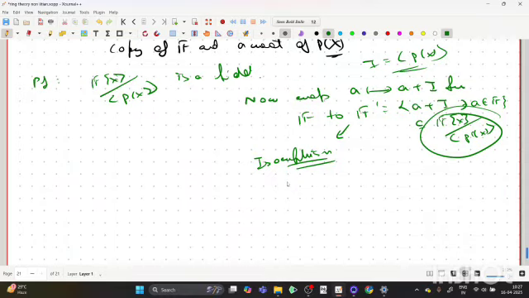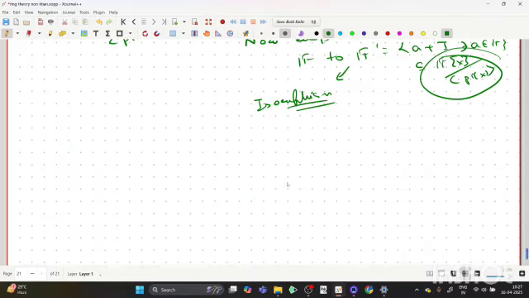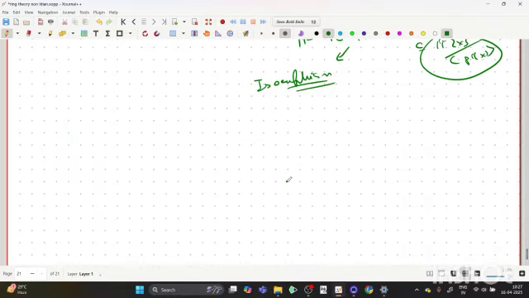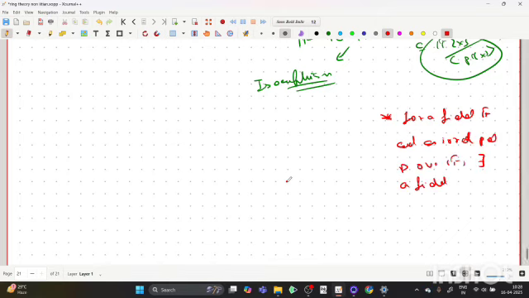Now, whatever we are going to do is the very basic introduction to field theory, and you can consider this to be a very important proposition in field theory. What do we actually conclude from here? What we'll say later, but let me just write it down: for a field F and an irreducible polynomial p over F, there exists a field extension containing F and a root of p.